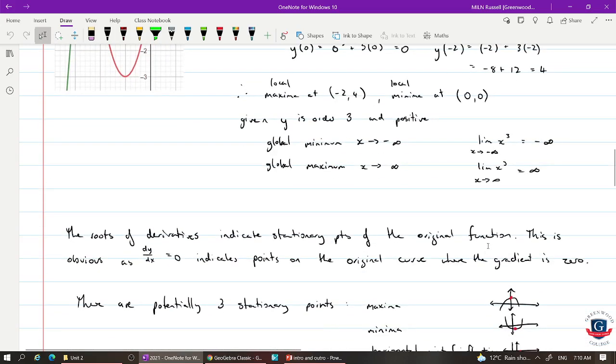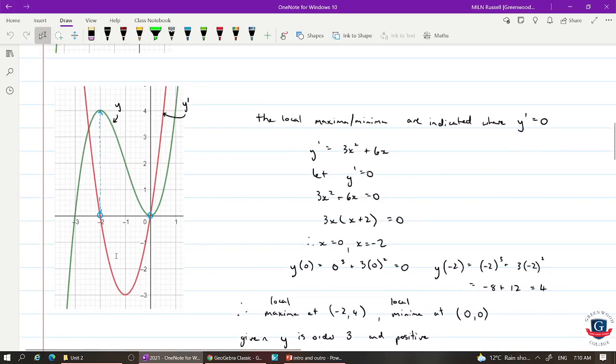Now, what am I trying to say here? The roots of derivatives indicate stationary points of the original function. This is obvious as when the derivative is 0, it indicates points on the original curve where the gradient is 0. So where the derivative is 0, here and here, it indicates where the gradient is 0 on the original function.